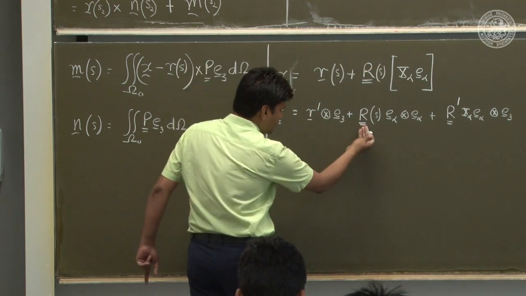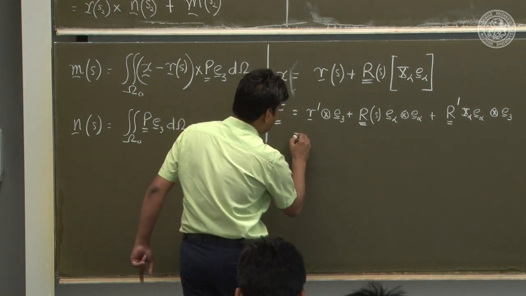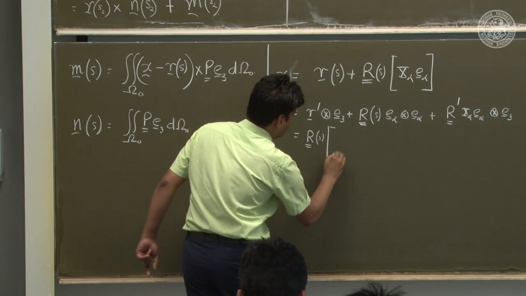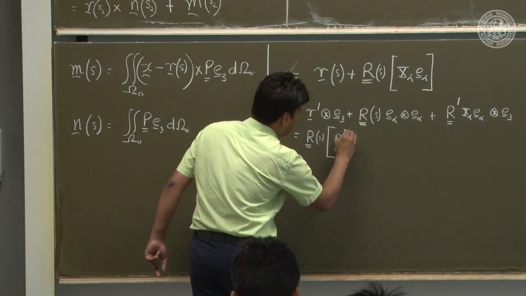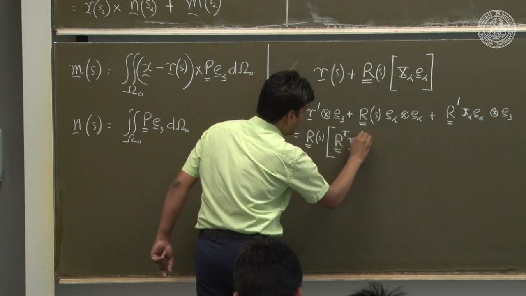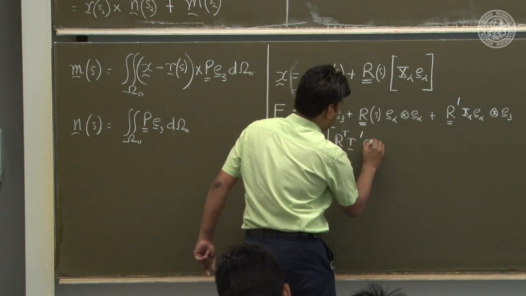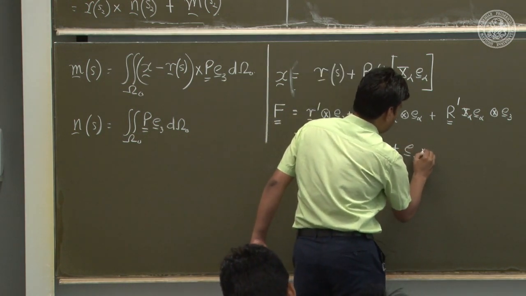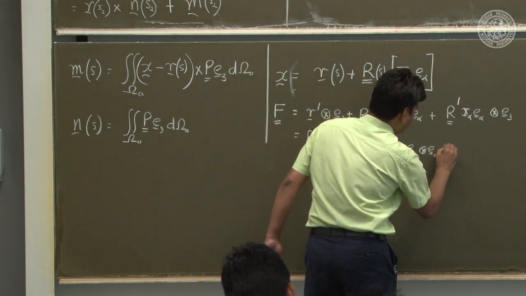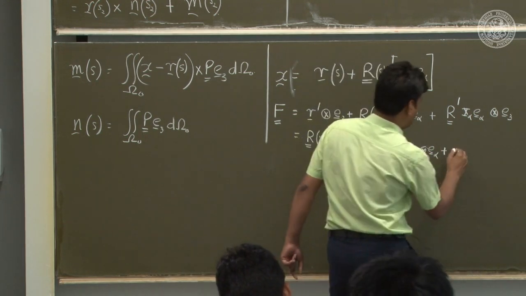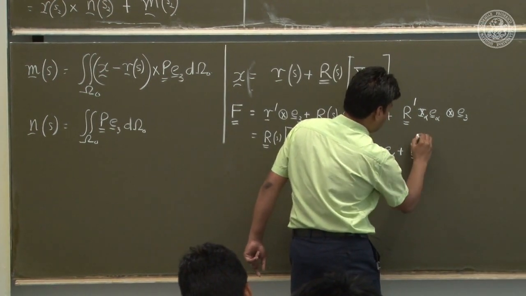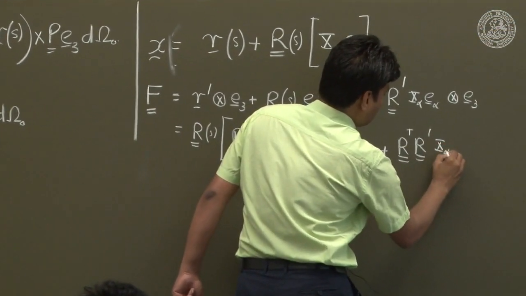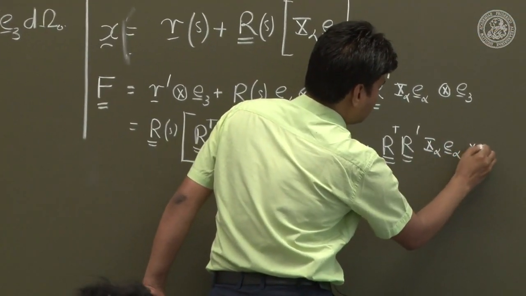Then you can take your rotation outside and this becomes big R of S times big R transpose little r prime tensor product E3, plus E alpha tensor product E alpha, plus big R transpose big R prime x alpha E alpha tensor product E3.